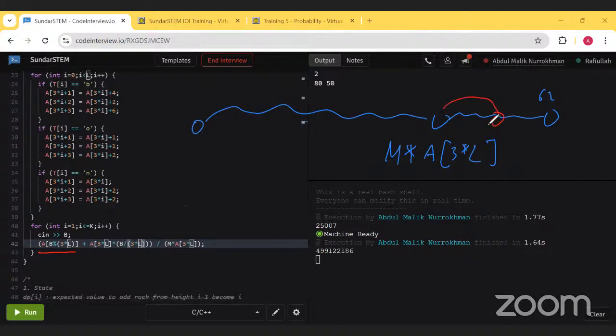This is the index. And then plus A3L here. Okay. And if we are in the third group, then plus 2 times A3L.